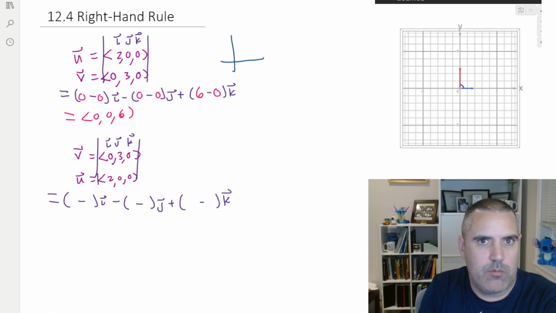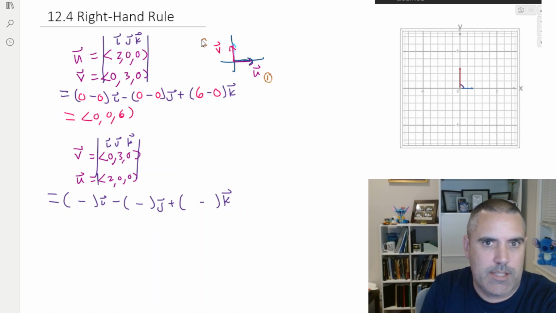And so what I've done here is, we have this is U, this is V. Oops, I did the wrong colors. I meant to do this in blue to match up my picture, and this in red. That's V. And we did it in the following order. We did this first, and we did this second.